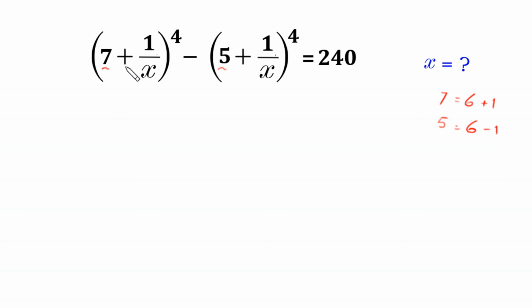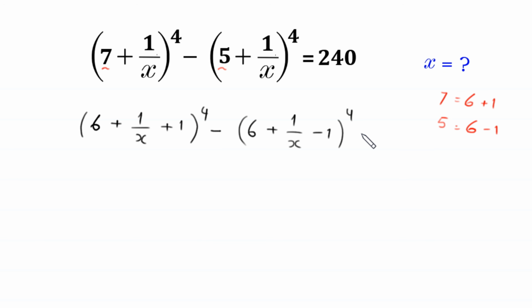So we write this expression as (6 + 1/x + 1)^4 minus (6 + 1/x - 1)^4 is equal to 240. Now here we have 6 plus 1 over x and here we have 6 plus 1 over x.